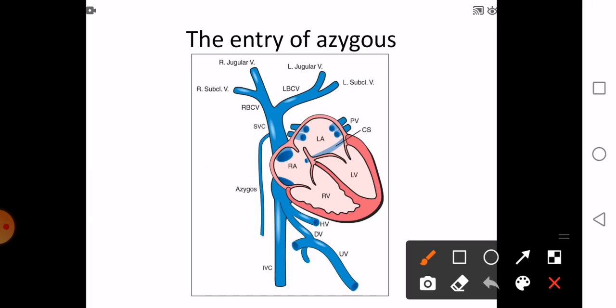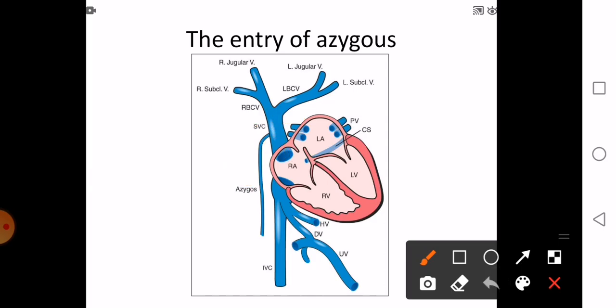If the obstruction is above the azygous joining the SVC, all we need to do is get the blood from the SVC above the obstruction into the azygous, and the azygous will carry it back to the SVC below the obstruction. That is, it will bypass the obstruction, and via the SVC itself it will open into the right atrium.